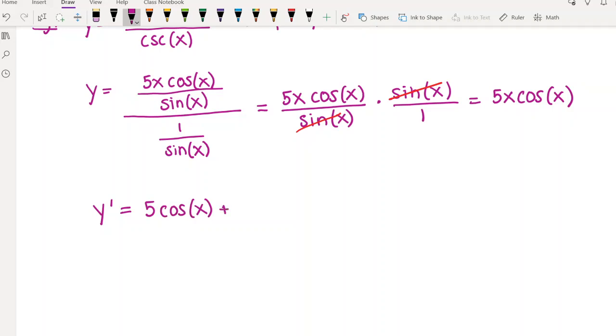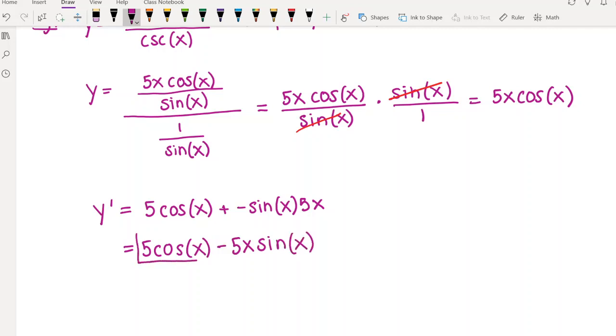And then to that, we're going to add the derivative of cosine of x. So that's negative sine of x times 5x. And so that simplifies to be 5 cosine of x minus 5x sine of x.